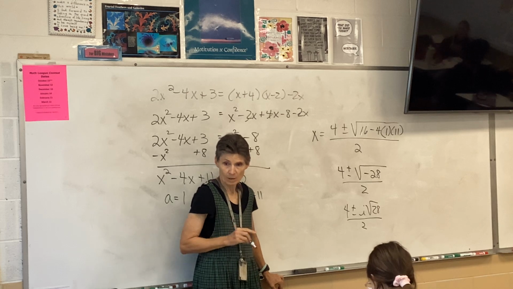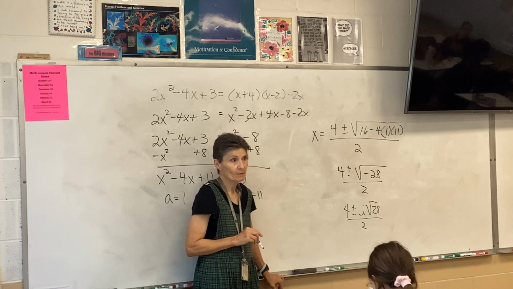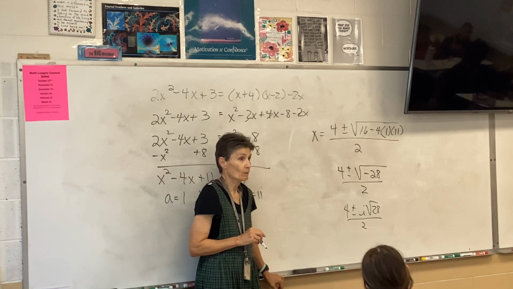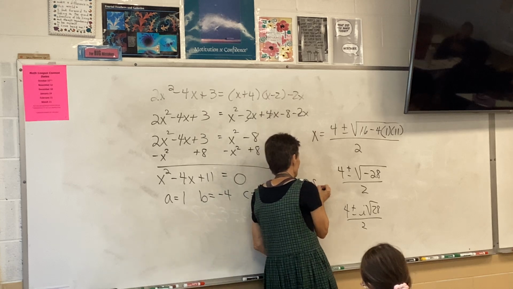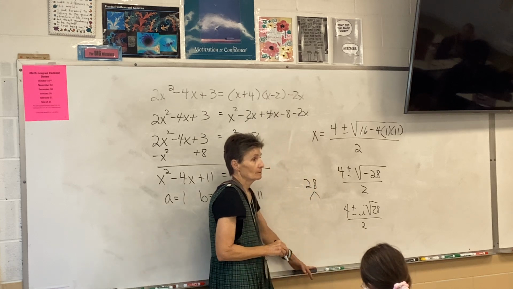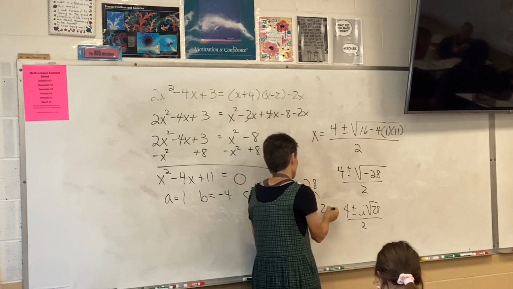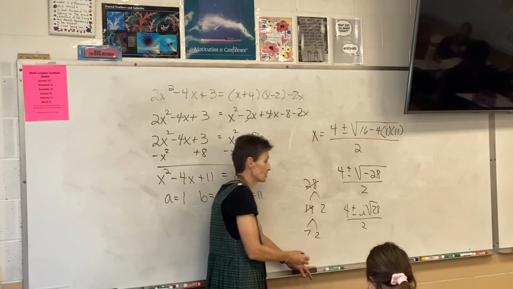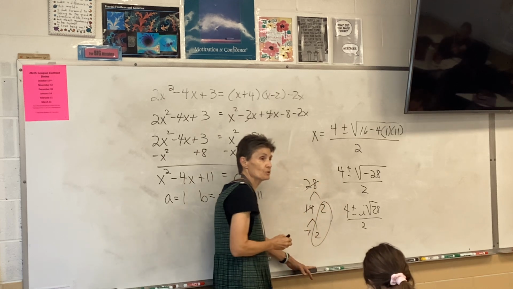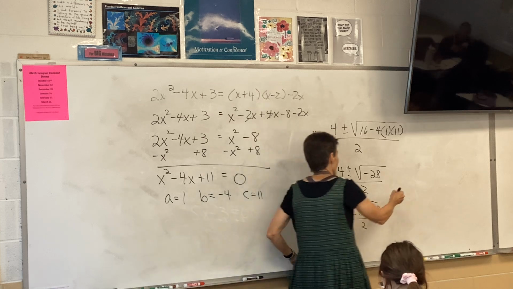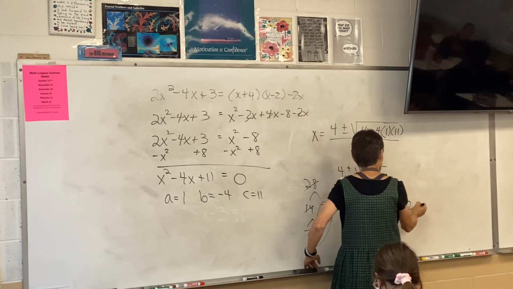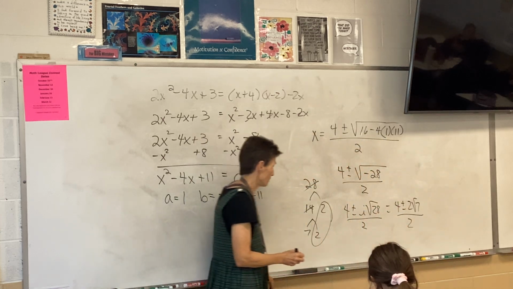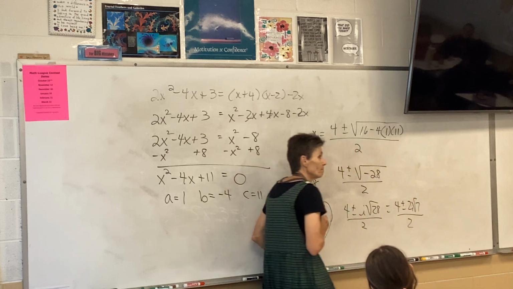That's what we do with a negative, right? And then we're going to break down 28. What's 28? 14 and 2. Okay. What's 14? 7 and 2. So what do we got? 2 2s. So 4 plus or minus 2 i root 7 over 2. Should be an i. Thank you.